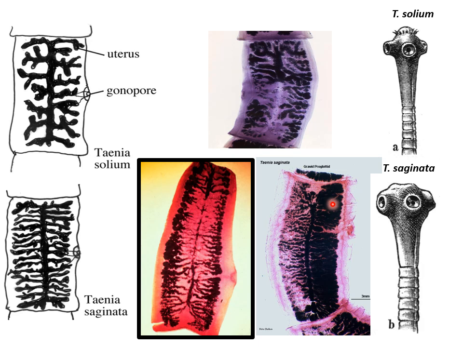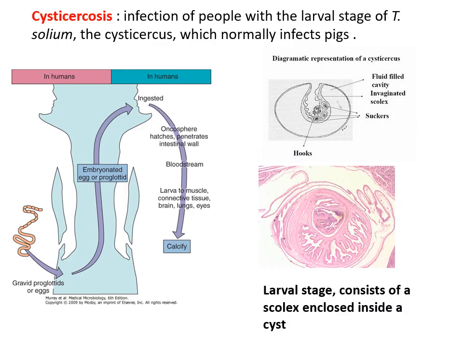If we look now at the proglottid of Taenia saginata versus that of Taenia solium, the Taenia saginata proglottid is longer with more uterine branches and a lateral genital pore. That of Taenia solium is shorter, more compact, also with a lateral genital pore.